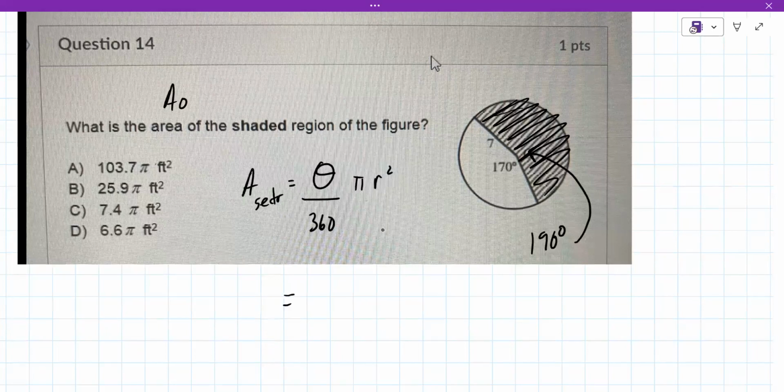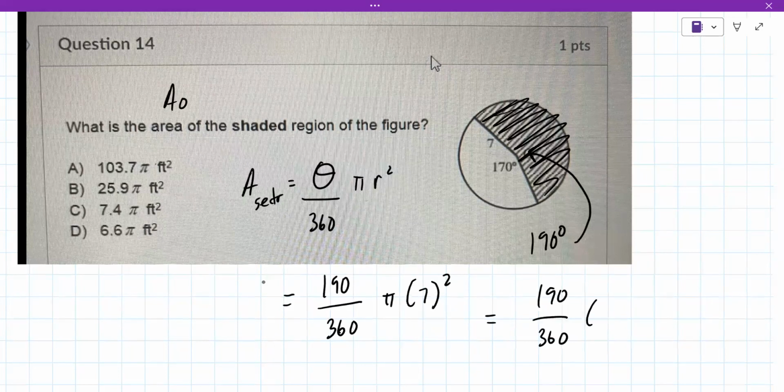So in this case, the angle is 190 out of 360 times pi, and then the radius is 7 squared. You always want to look at your answers. You never want to just blindly do the calculation, because notice all the answers have a pi in it, which means if you're going to go to your calculator, you have to leave the pi off. Why are you writing 190? Because the shaded area has a central angle of 190, not 170. Okay, got it.